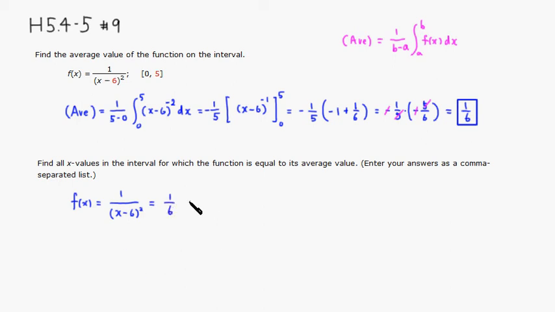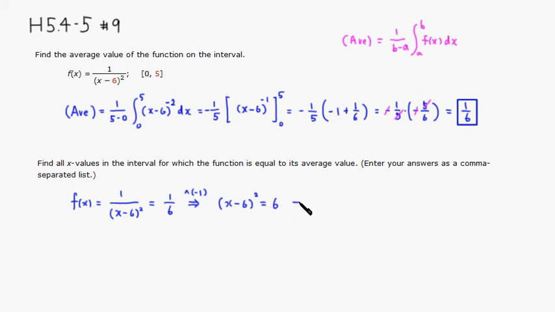First step, we can just take the reciprocal of both sides, so put it upside down. So you will get the quantity x minus 6 squared is equal to 6.